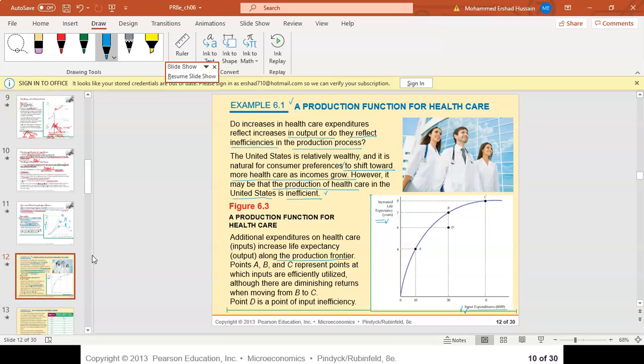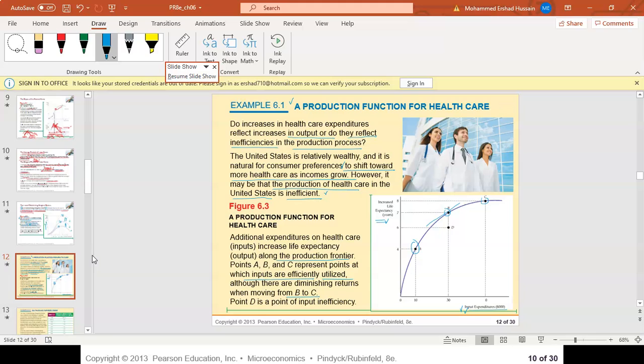Points A, B, and C represent points at which inputs are efficiently utilized, right? But there are diminishing returns when moving from B to C. So look at that, from B to C marginal product is decreasing.